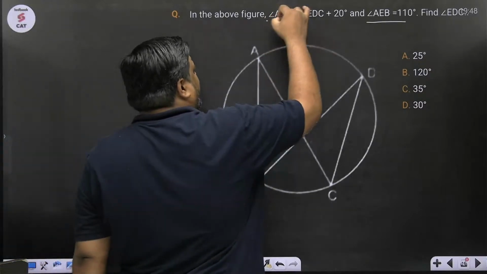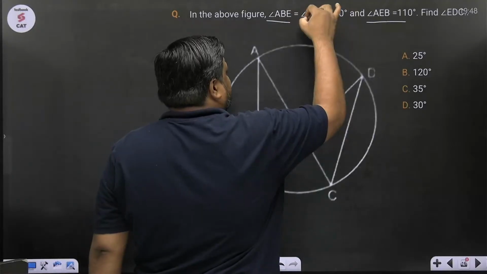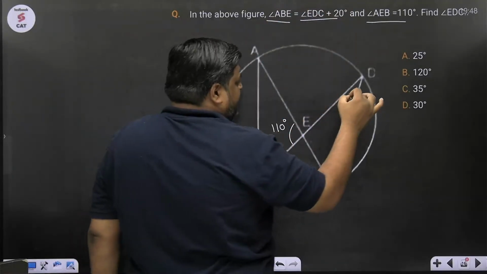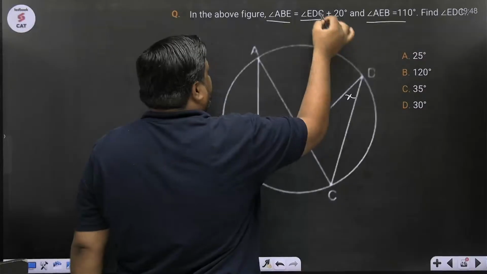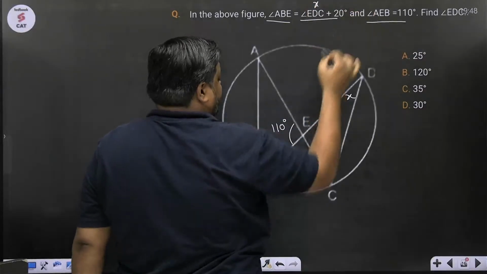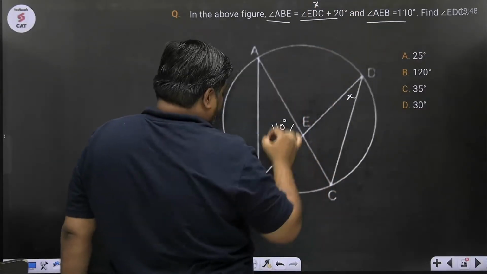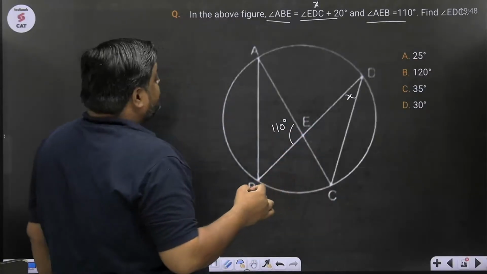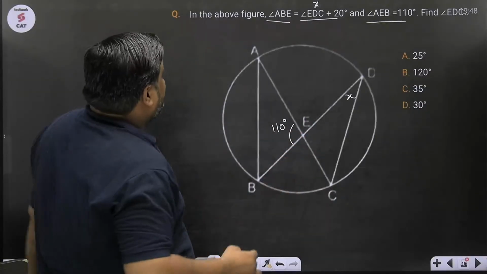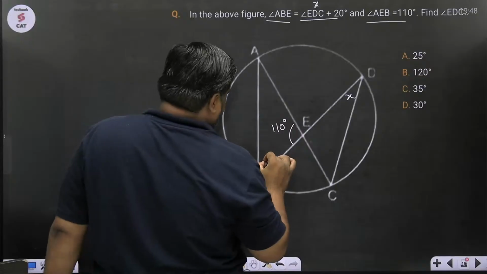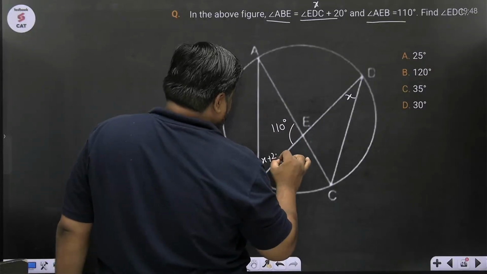Sir, angle ABE is angle EDC plus 20. अगर मैंने EDC को x ले लिया, so angle ABE would be x plus 20. This would be x plus 20.